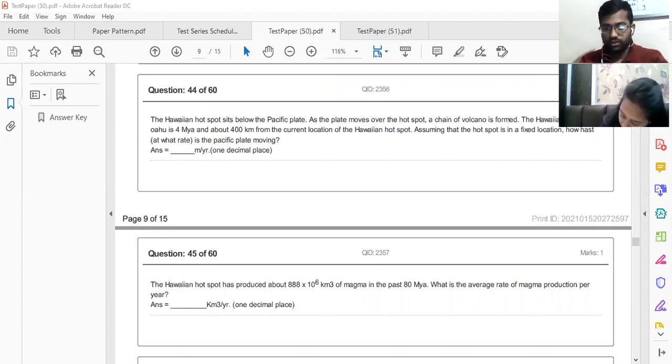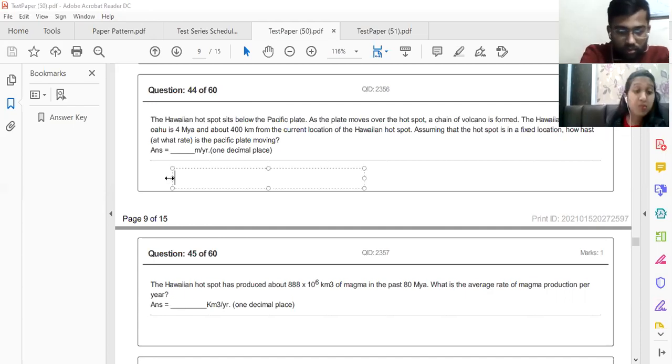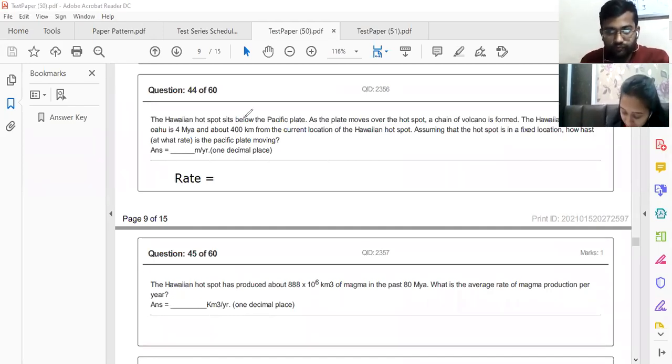So you need to calculate the rate. You can remember the formula: rate is equal to delta x divided by delta t.